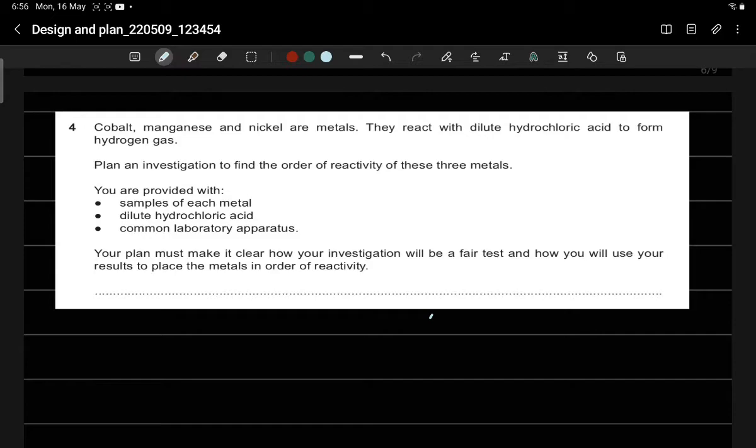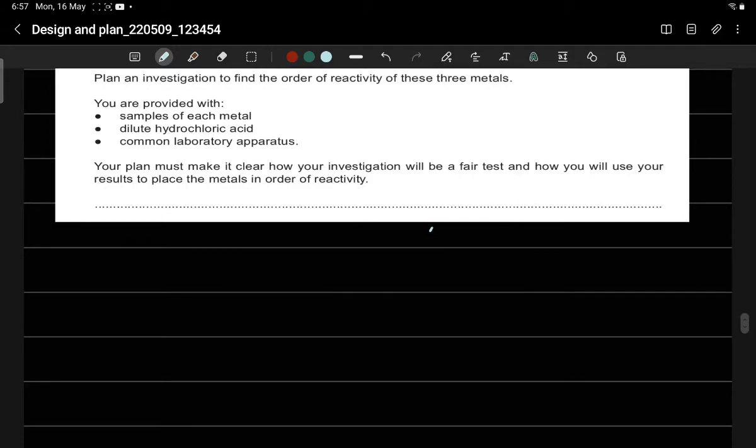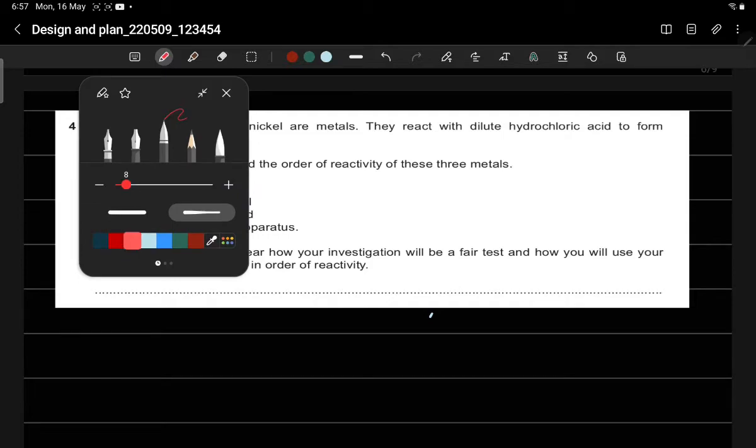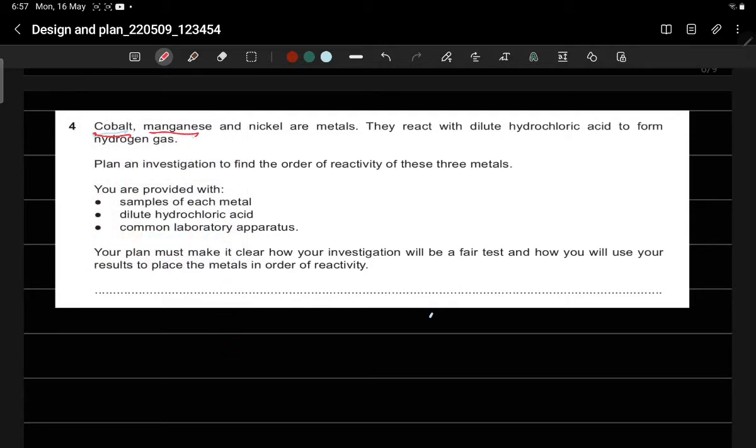So this is how to arrange the metals on the basis of reactivity, which metal is most reactive and which metal is less reactive. We have three metals, cobalt, manganese, nickel, and they react with dilute hydrochloric acid to form hydrogen gas.